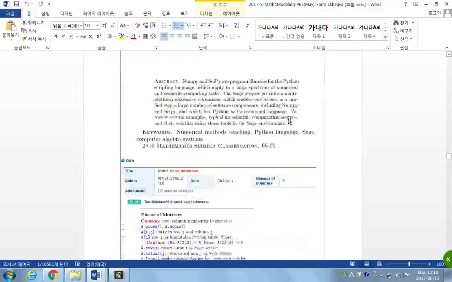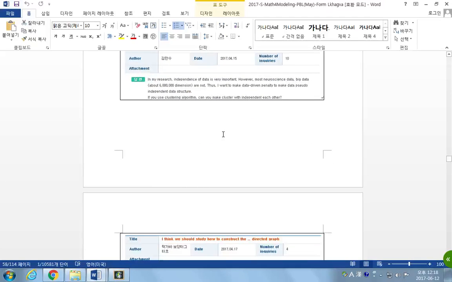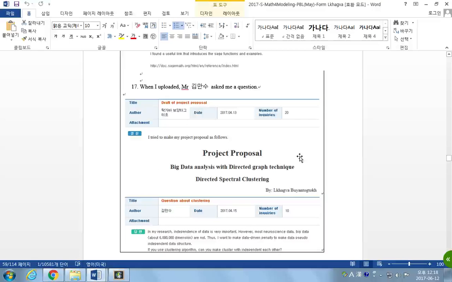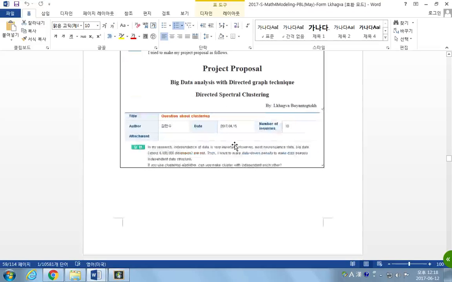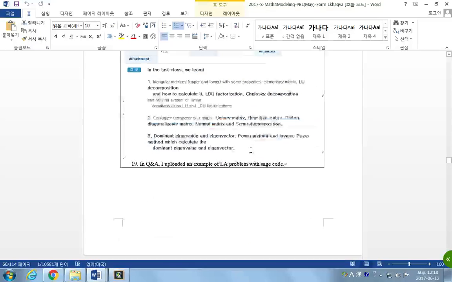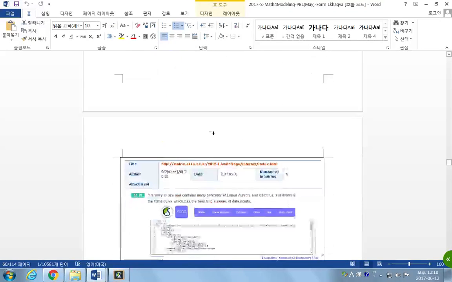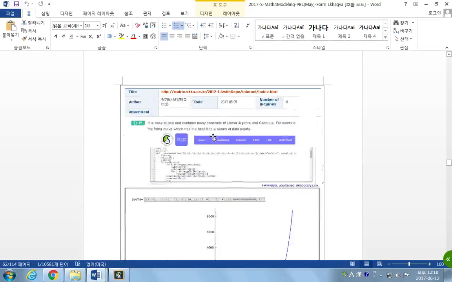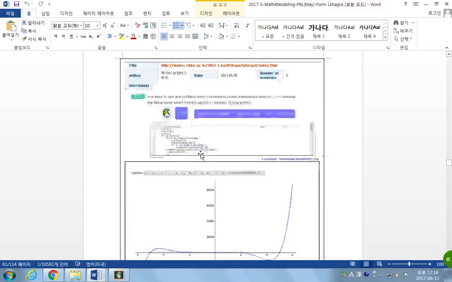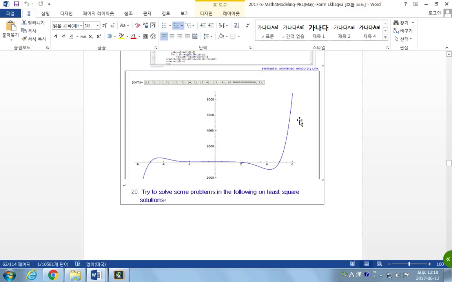Here is all current past participations, and here is about my project subject and discussions with the professor. Uploaded some materials, and here I uploaded least squares solution with this example.